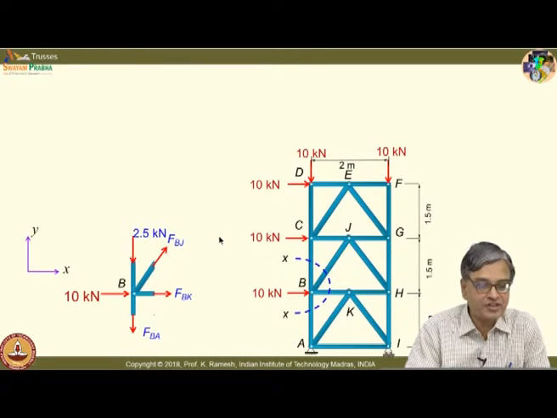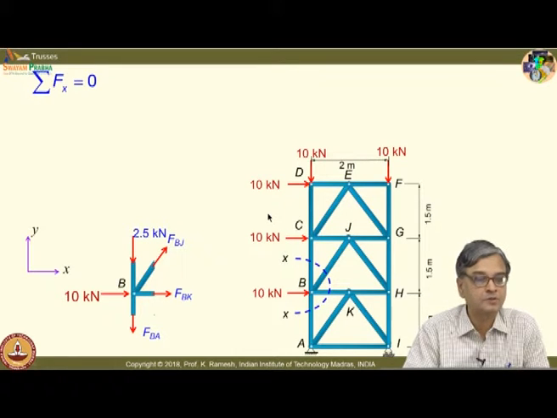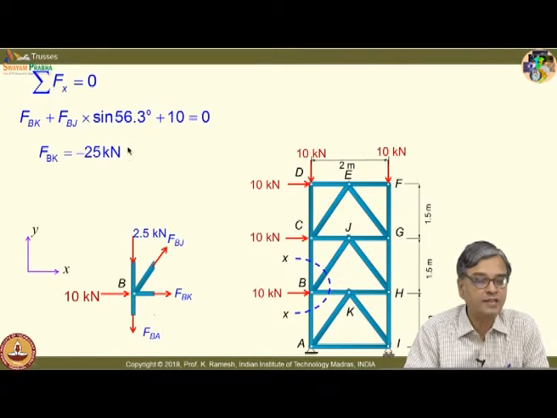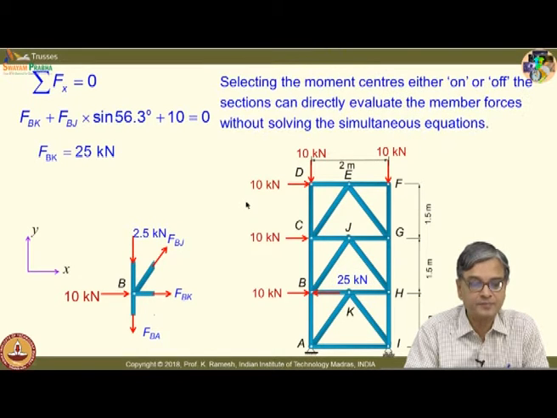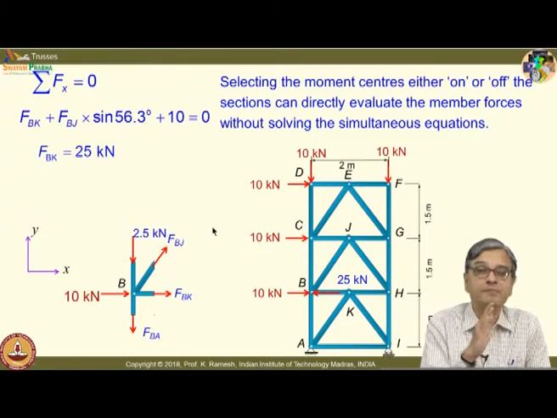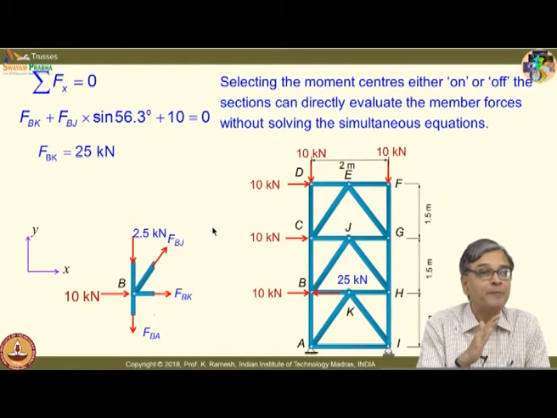This is fairly straightforward and you would be in a position to find out the value of the force F_BK, and you get this as minus 25 kilonewtons, and you put this towards a joint, and we have determined the forces on 3 members using just 3 equations and judiciously using a combination of method of sections and method of joints.